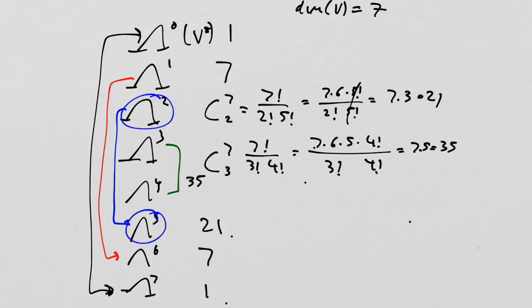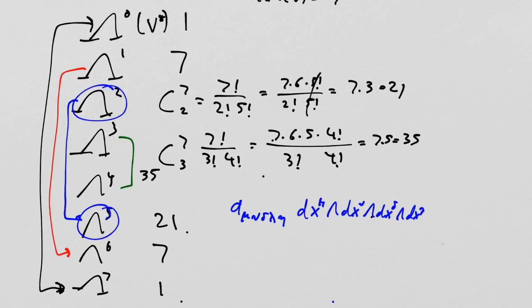So I would pick an element of lambda 2, and I'm looking for an element of lambda 5. So now I'm looking for something that looks like A alpha mu nu delta lambda eta dx mu wedge dx nu wedge dx delta wedge dx lambda wedge dx eta, and I need inner products on this space.